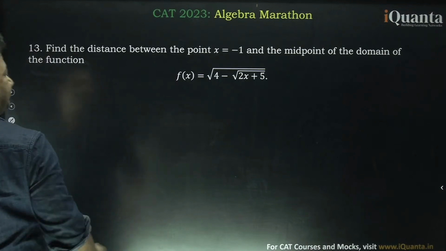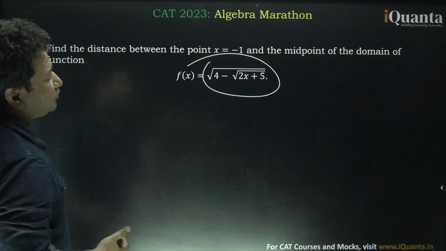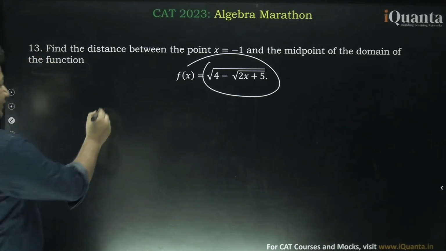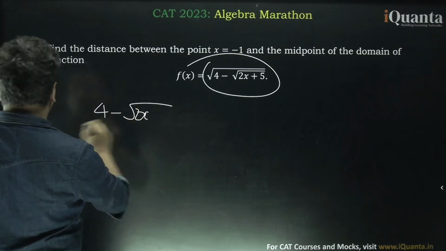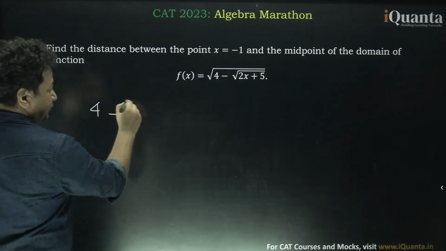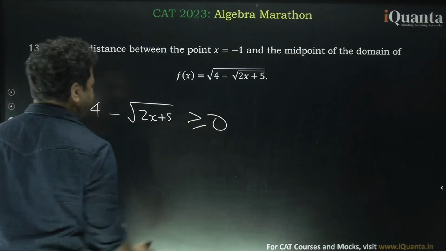Of domain, this. Now as we know that there is a square root, it can never have a negative value, isn't it? That means 4 minus square root of 2x plus 5 has to be greater than or equal to 0, right?